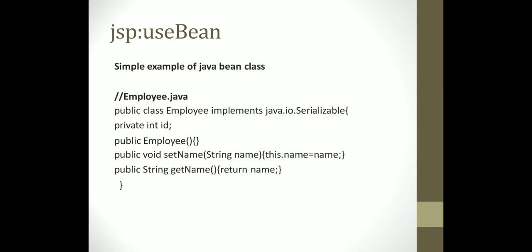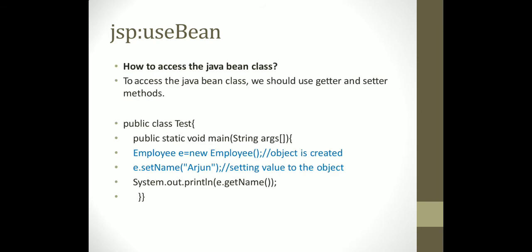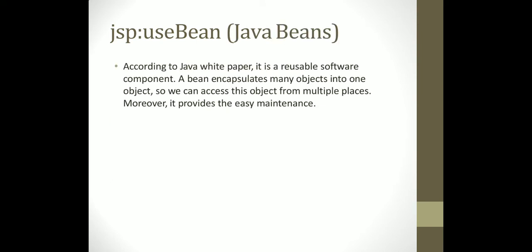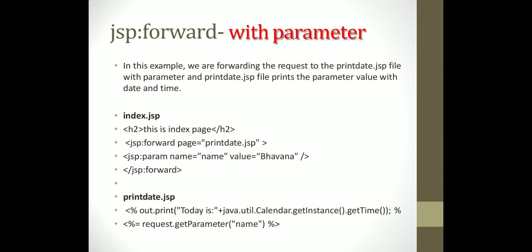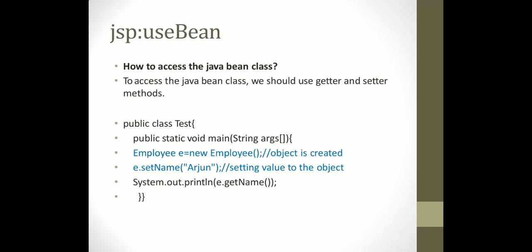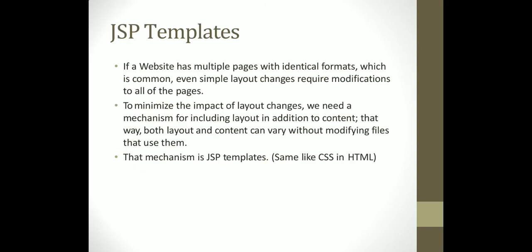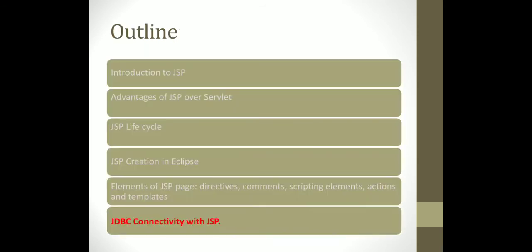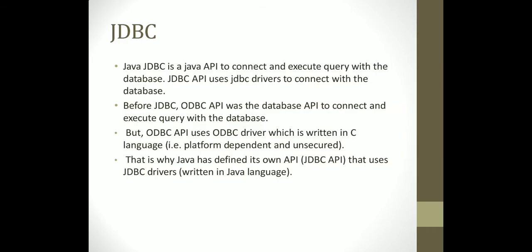A simple example we have also seen with useBean and Java bean, and how to access that Java bean class. In the example we can also see the object creation and setting some value to the user object that is given here. Then JSP templates we have seen in the examples.